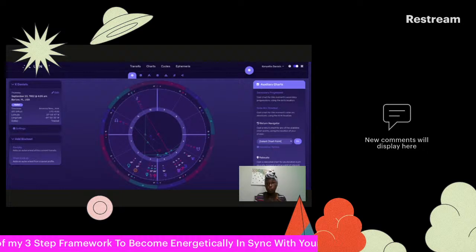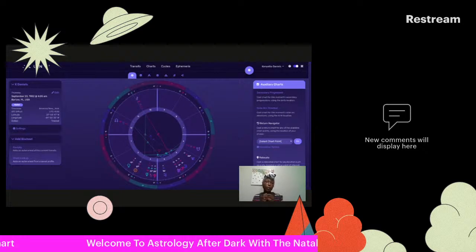Now, the other two main aspects are the trine and the sextile. Okay, the trine is when they are within the same element. So a trine would be Venus, Virgo, and then Capricorn, and then Taurus.